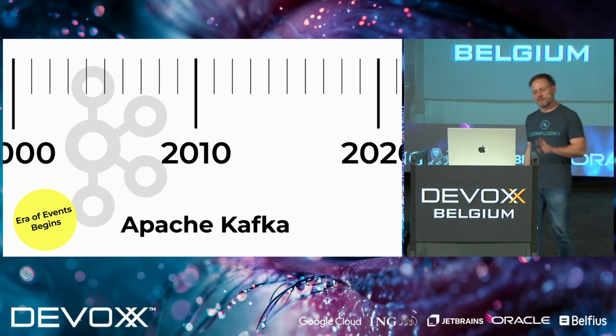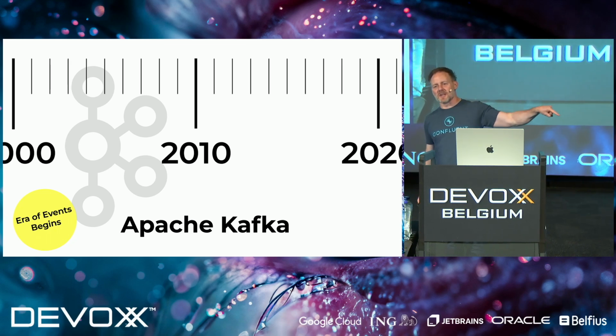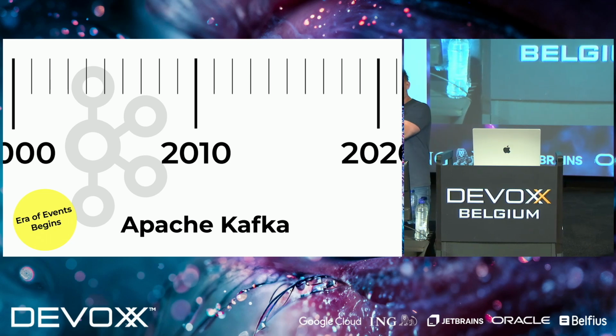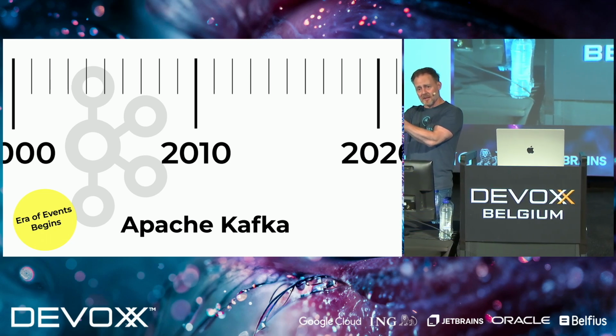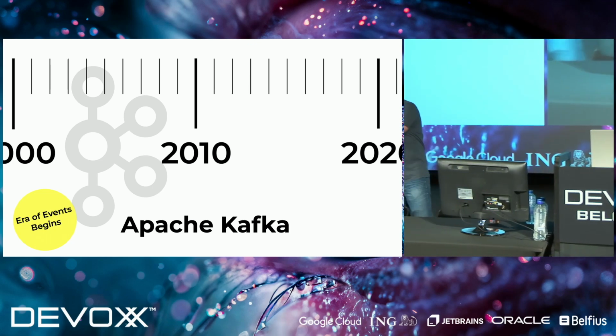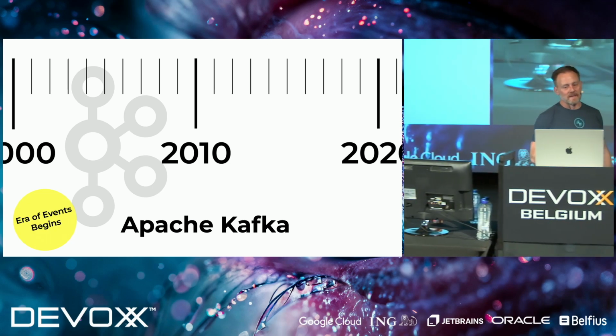So I'm going to mark, because I like that this is 30 years after, remember I said 1951, mainframe era, 1981, client server era. Nobody called it that, but this is my presentation. I get to set the eras. That's 30 years. Another 30 years to 2011, the open sourcing of Apache Kafka, and that's the era of events.